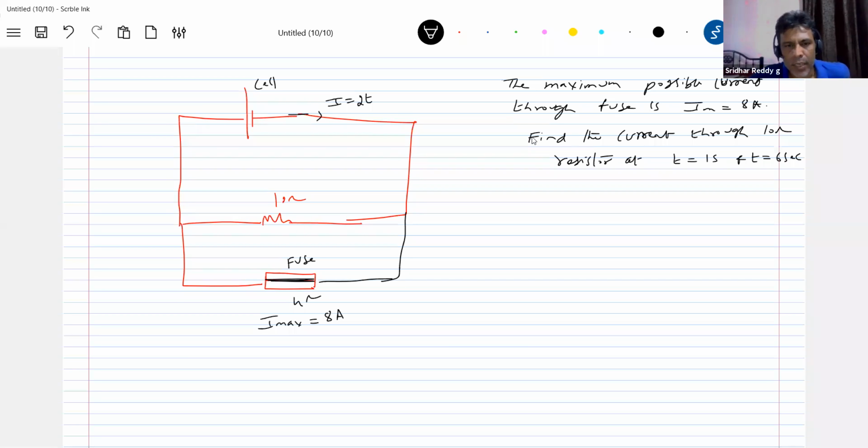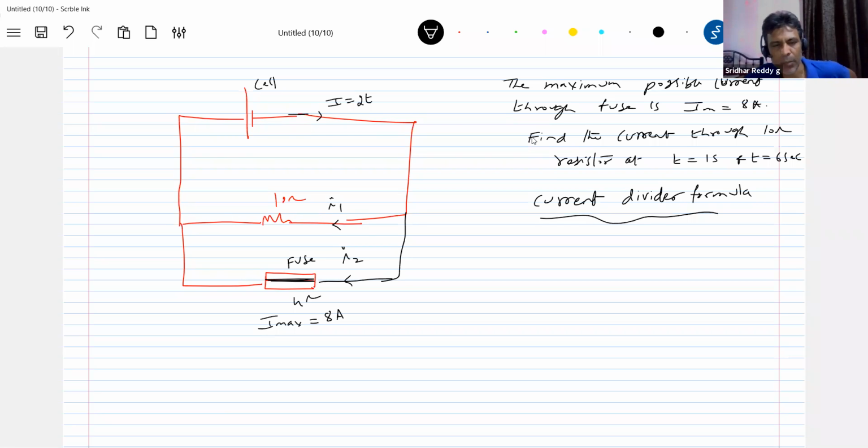Some very important formula I'm going to introduce is called the current divider formula. What is the basic idea? If you know the current in one branch, you can tell the current of the other branch.